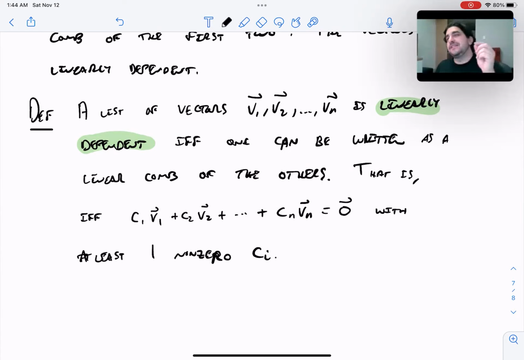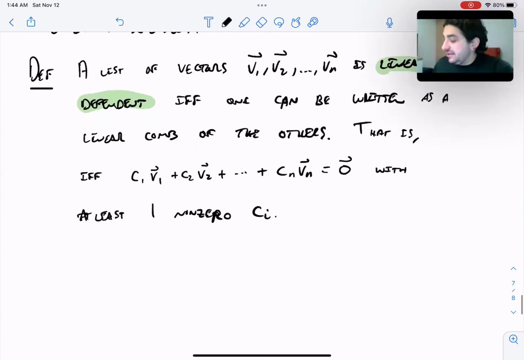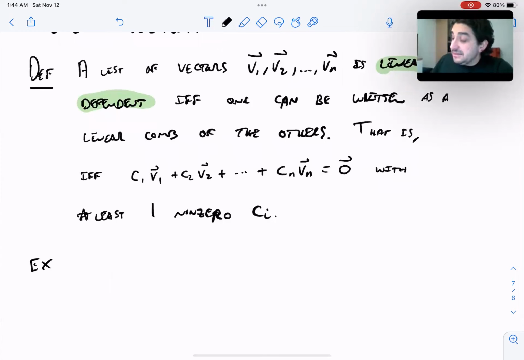You can't just pick the number zero for c1, c2, all of them up to cn. Well, that's nothing special. That's not really saying anything. Of course, if you just pick zeros over and over again for your scalars, you get the zero vector. But if you can get the zero vector with at least one non-zero ci, that's equivalent to being linearly dependent.